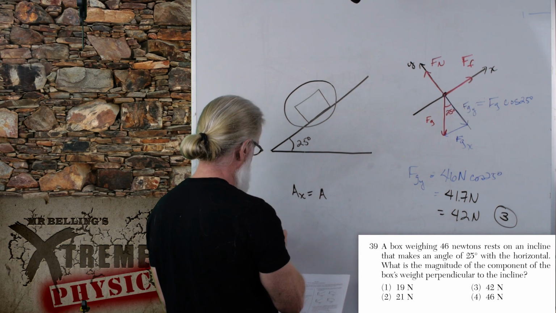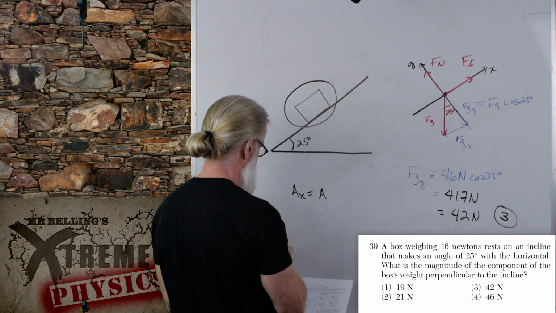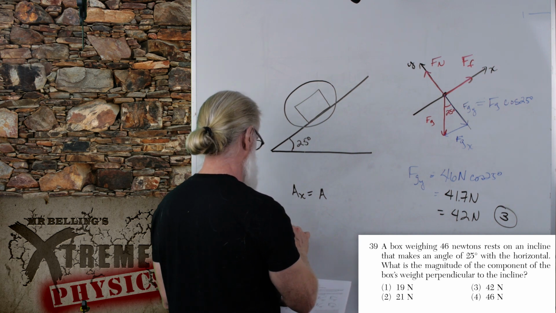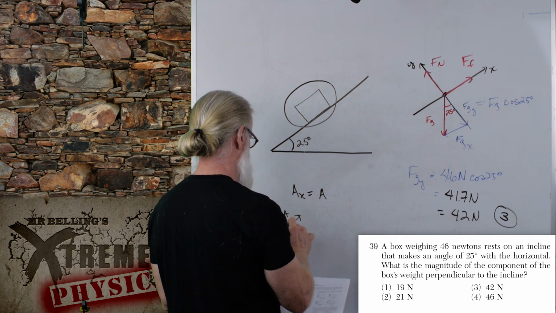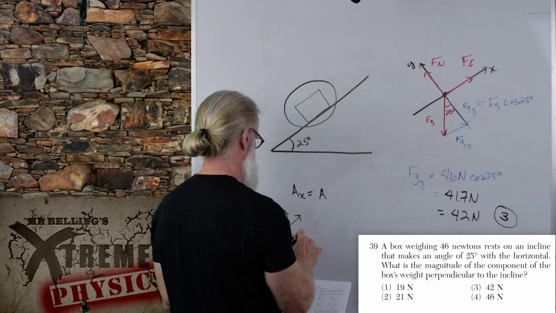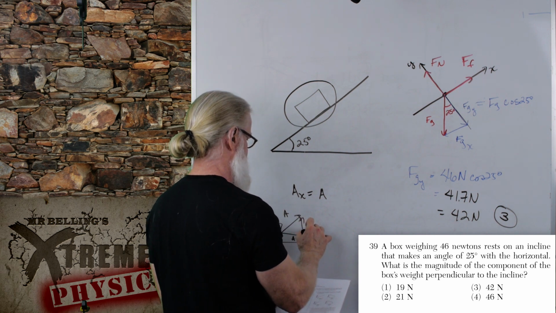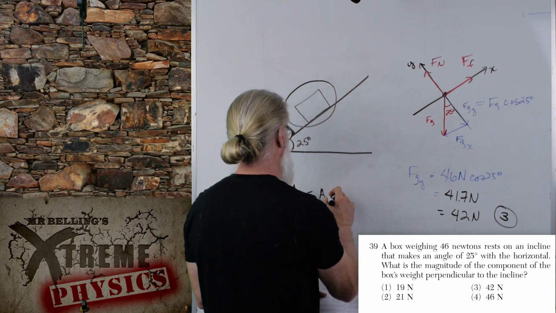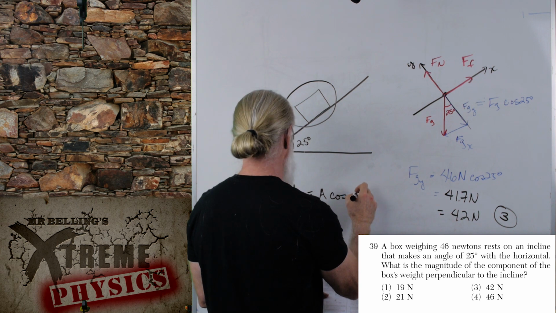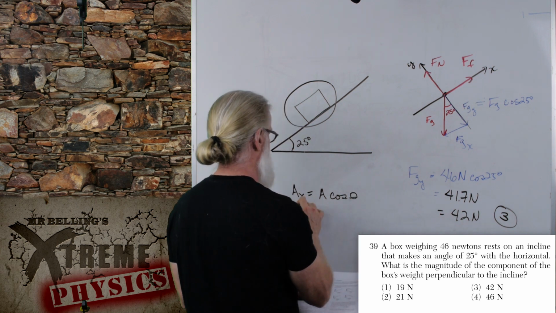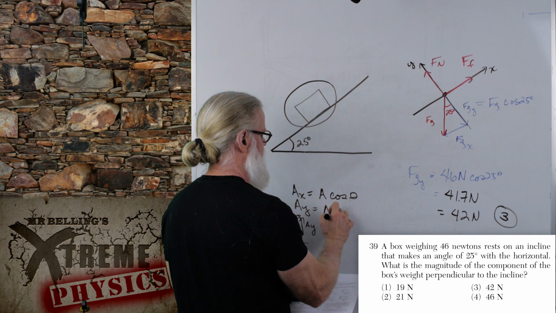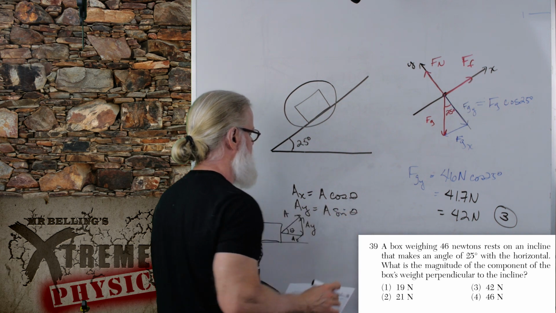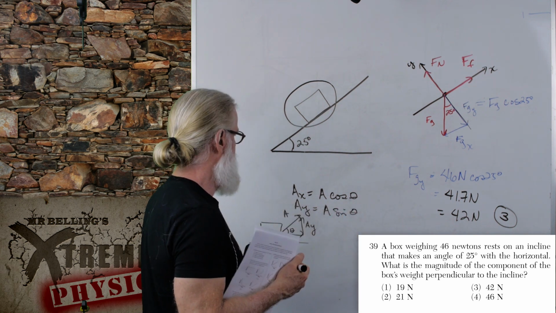I think they're looking at something like this: there's A, and this is A_x, and that's A_y, and that's our angle theta. So they're saying that A_x is always A cosine of theta, and A_y equals A sine of theta. I think that's in your reference table.